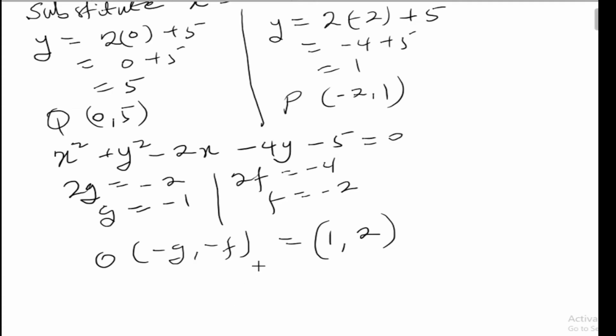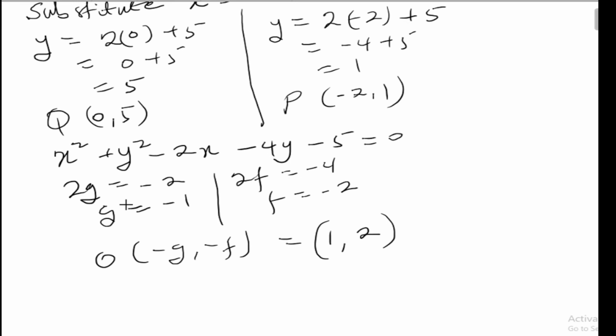Now that we know the center of our circle O, we know our P, we know our Q, we are now going to prove the conclusion of the question, that we should show that the line segment PO is perpendicular to QO. Two lines are perpendicular if the product of their gradients is -1, or the gradient of one is the negative reciprocal of the other.